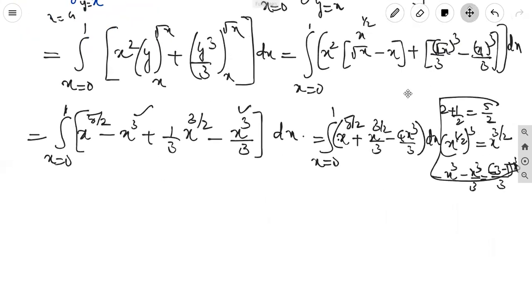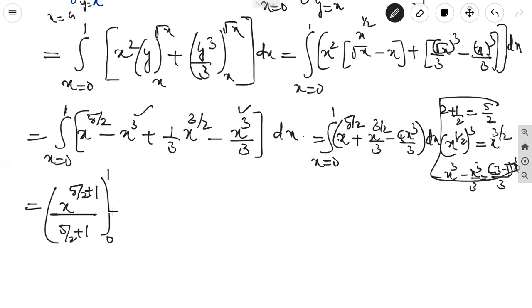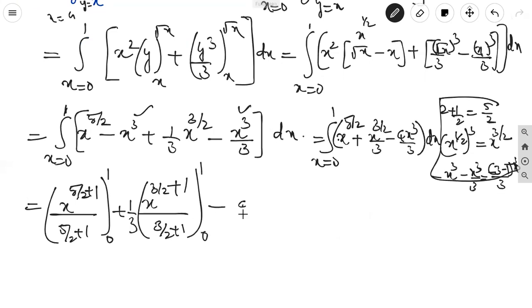Now x power 5 by 2 integrates to x power 5 by 2 plus 1 by 5 by 2 plus 1, limits from 0 to 1, plus x power 3 by 2, integration is x power 3 by 2 plus 1 by 3 by 2 plus 1, outside 1 by 3 is there, limits from 0 to 1, minus 4 by 3 is a constant right outside, x to the power of 4 by 4, limits from 0 to 1.